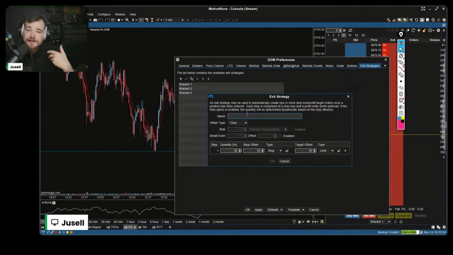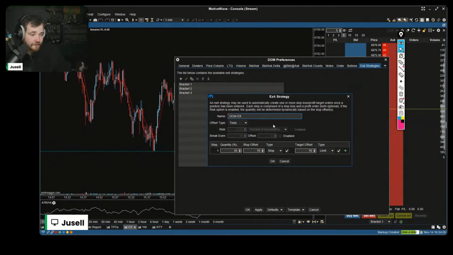Okay, and we will name this bracket DOM exercise, just EX, so I don't have to type the whole word. And then let's put quantity to 100% because we want to exit 100% of our position at once. So it's gonna be a very static one. And I believe it was about 5, the average true range.